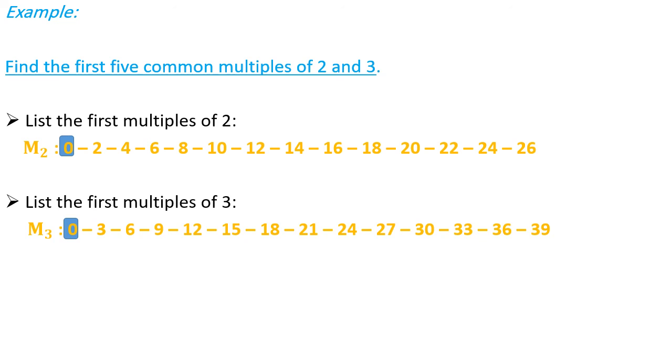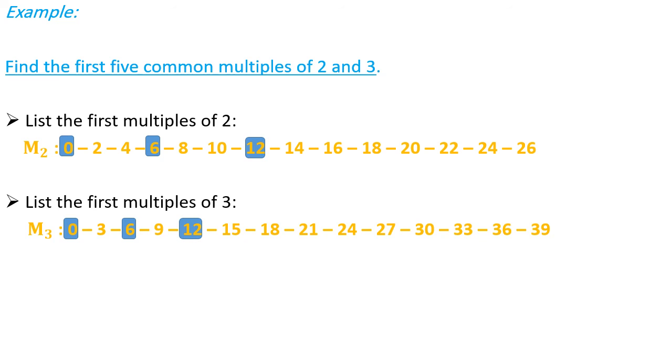What is the next common number that is multiple of 2 and 3 at the same time? 6. Very good.